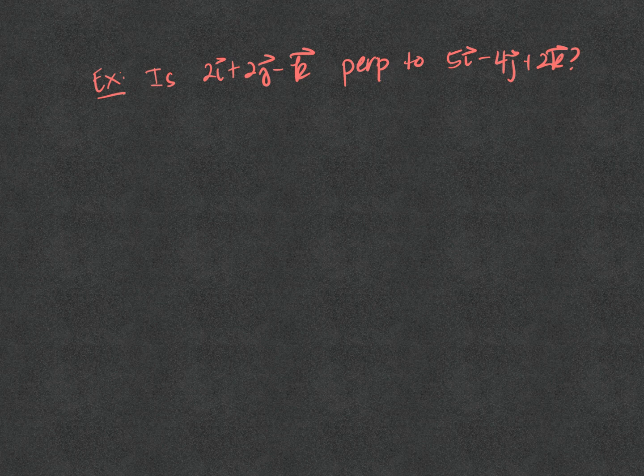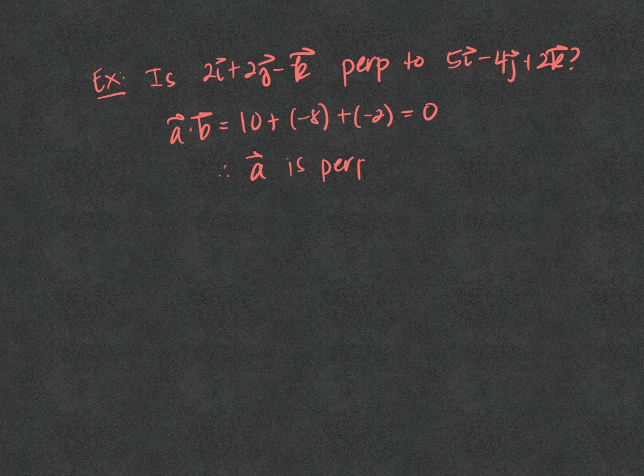You look at the dot product. So let's say A dot B, because I'm too lazy to write them again. The coefficients of i: 2 times 5 is 10, plus the j's make negative 8, and the k's are negative 2, so that equals 0. Therefore, vector A is perpendicular to vector B.